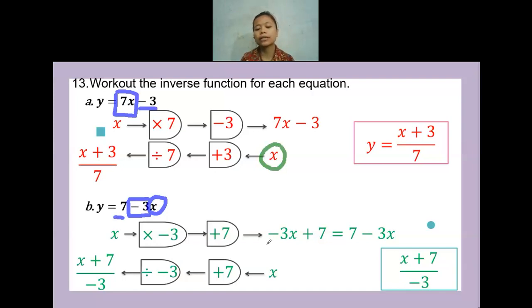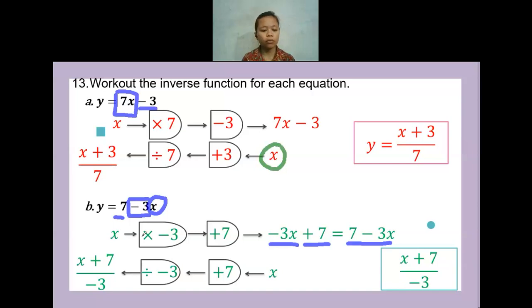Because x times negative 3 is negative 3x, adding 7 gives negative 3x plus 7. Usually, we write the positive first and then the negative later, so it will be 7 minus 3x. This is the same as the question. So the function machine for equation B is already correct.